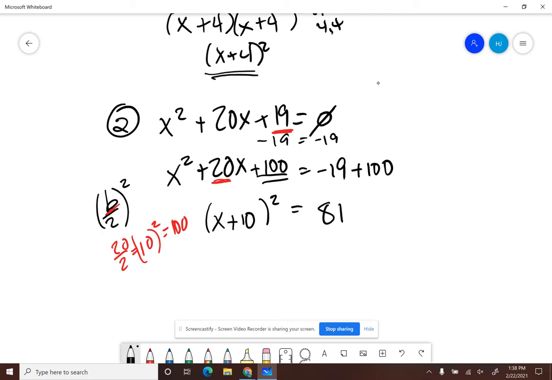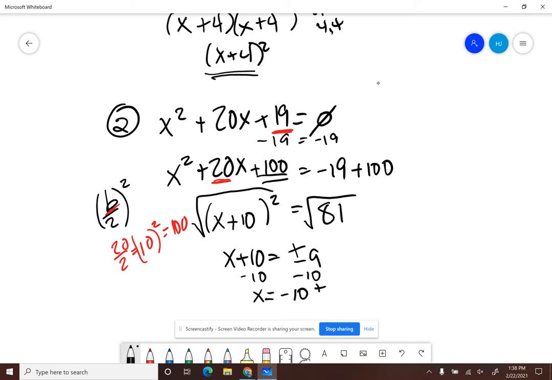And again, to finish solving this, I could go ahead and take the square root of this side, which would give me x plus 10 on this side. This goes right back to us solving by square roots that we did a couple of days ago. Square root of 81 would be plus or minus 9. In order to finish solving this, I would subtract 10 from both sides. And so I end up with x equals negative 10 plus or minus 9. And again, this is not my answer.